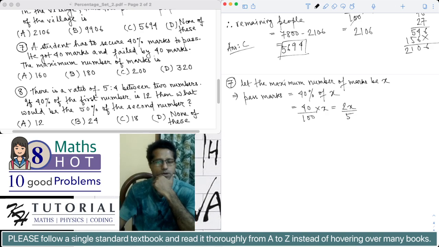Now, based on the fact that we have assumed the maximum number of marks is x, it is also given that the student got 40 marks and failed by 40 marks.